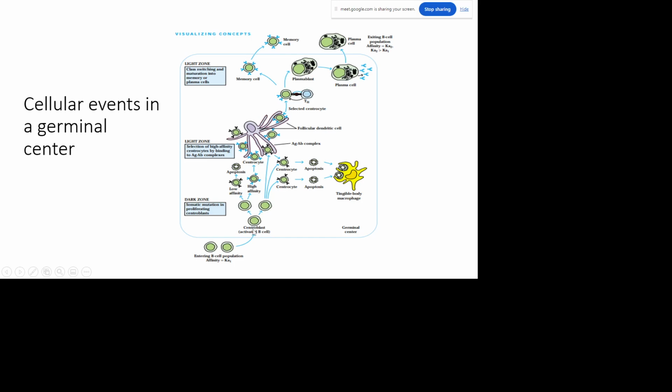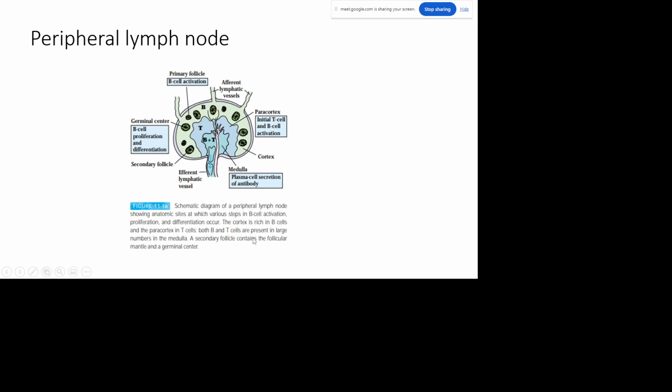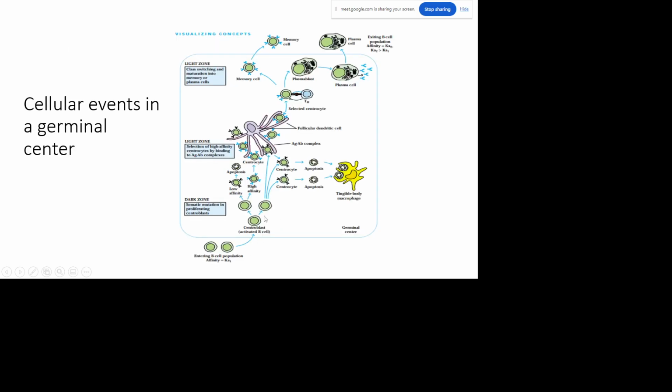They are known as centroblasts or activated B cells, because activation occurs after the antigenic stimulation and of course the TH cell interaction. Then the activated B cells or centroblasts come to the germinal center. In the dark zone of the germinal center, somatic mutation occurs in the proliferating centroblasts.